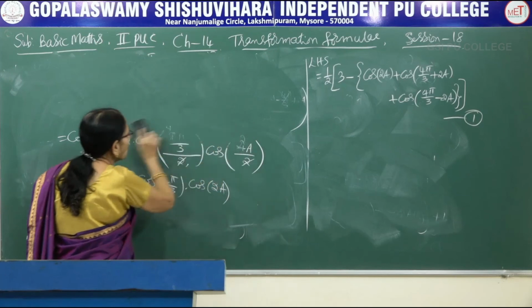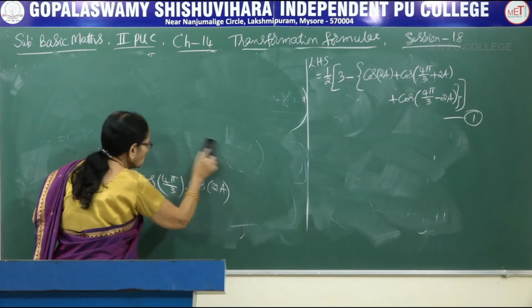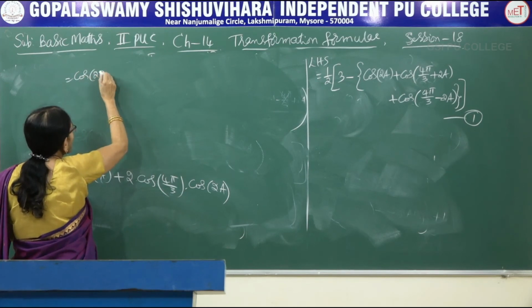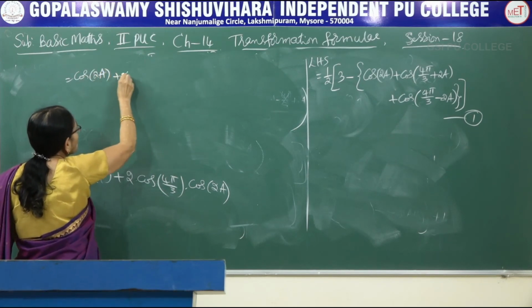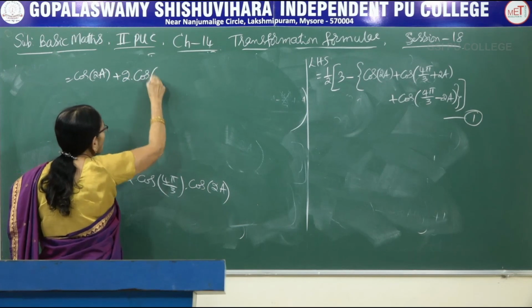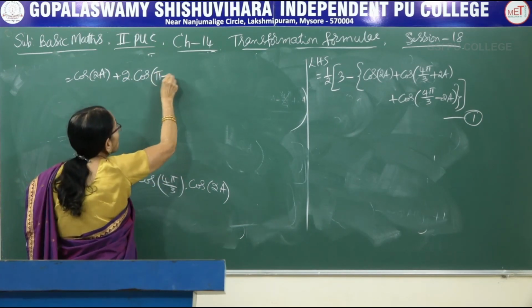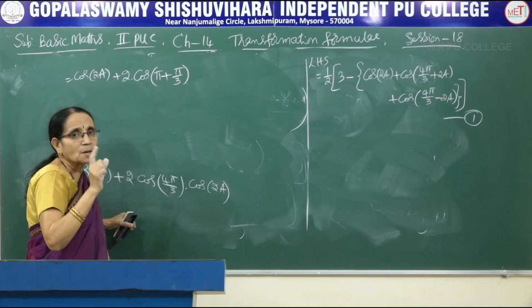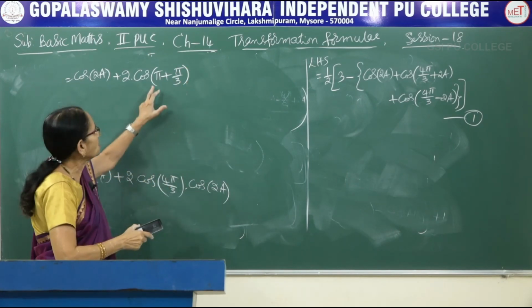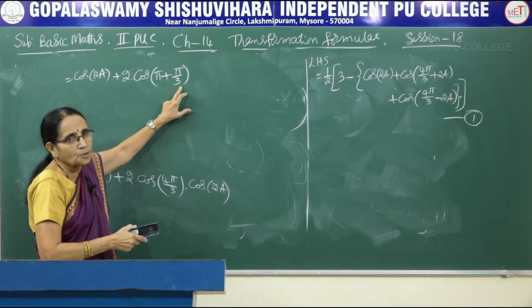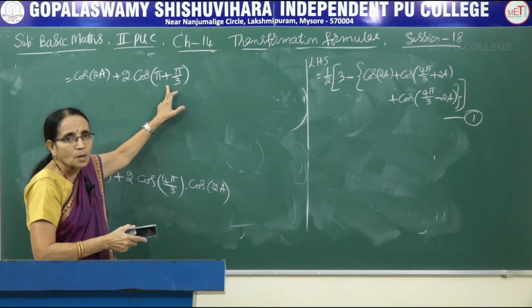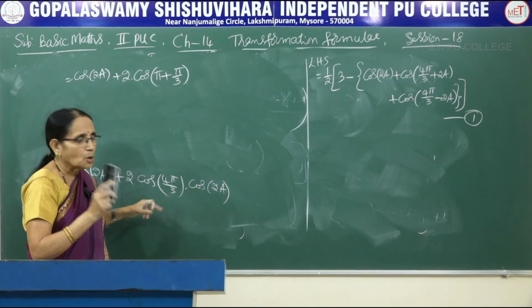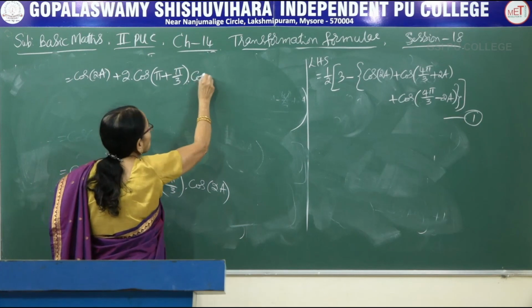For angle a you can't do anything, but 4 pi by 3 you can write as pi plus pi by 3. It is 2 into cos of pi plus pi by 3. If you convert that into degrees, pi means 180 degrees, pi by 3 means 60, so it is as good as writing 180 plus 60. But when it is given in radian measure, you have to use the radian measure only.